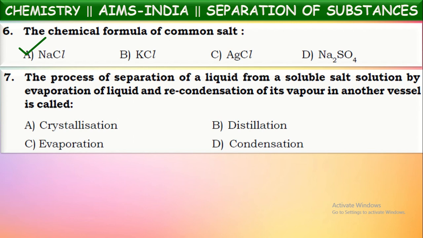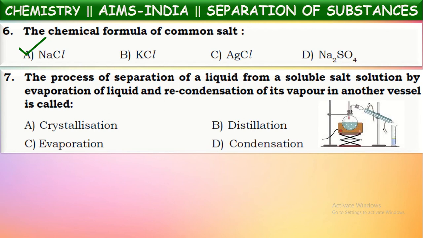But if the solid substance is dissolved, then we can collect the liquid by another process. First, the mixture is heated so that the liquid evaporates, and these vapors are collected and cooled so that the liquid recondenses and is collected back. These processes together are called distillation.